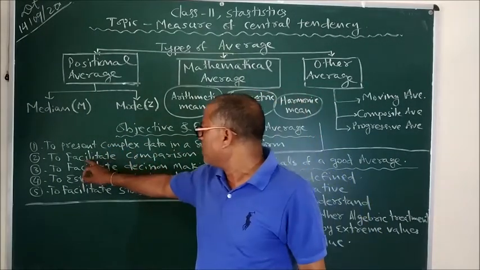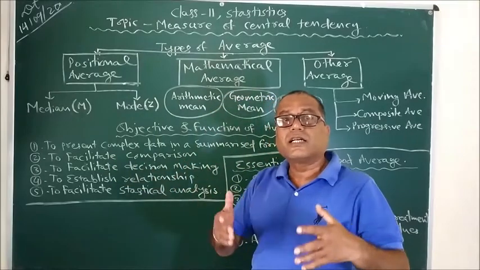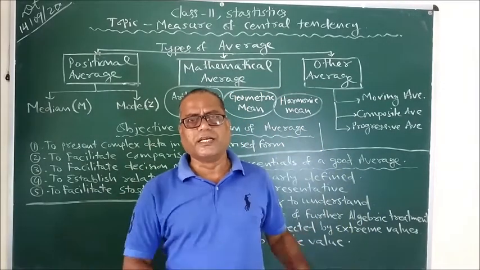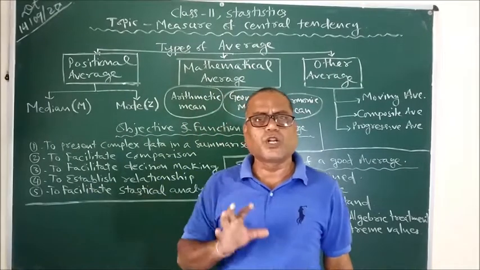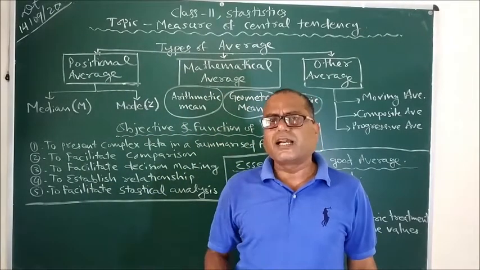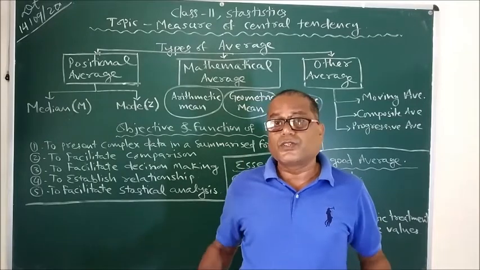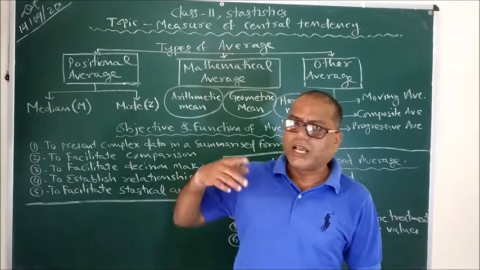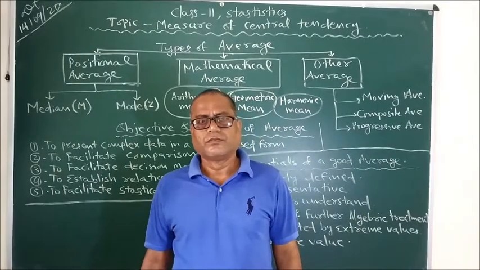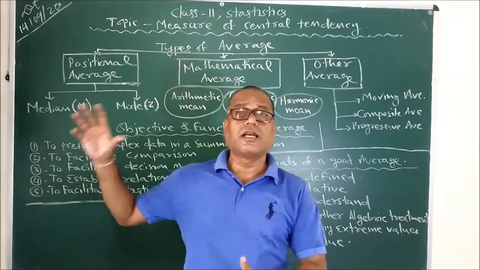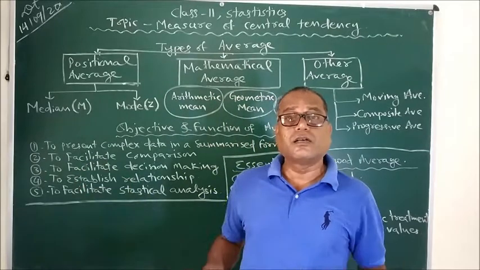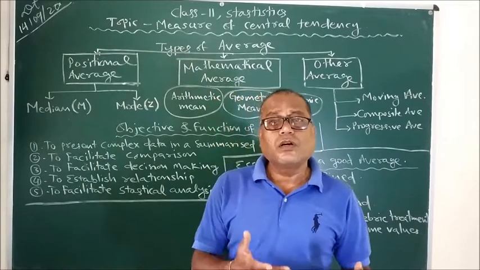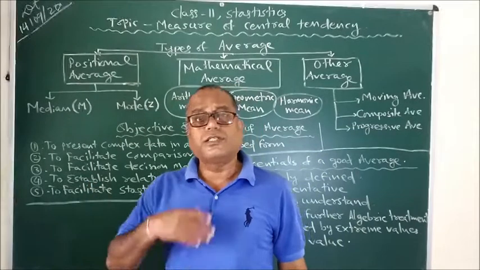The second one is to facilitate comparison. Suppose we found out the per capita income of India, that is total GDP divided by total population. So on average, one person earns how much, that is the per capita income of India, and the same thing we can calculate for USA, and in this way we can make a comparison and tell whether the standard of living or the earning potential of Indian people is more or that of the USA is more.